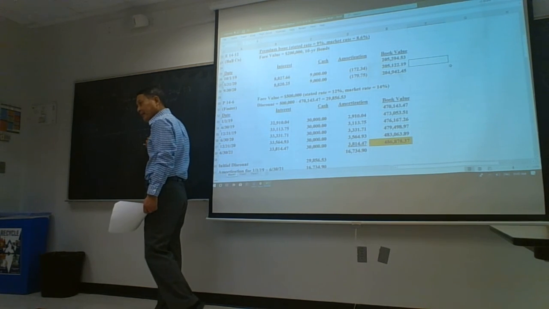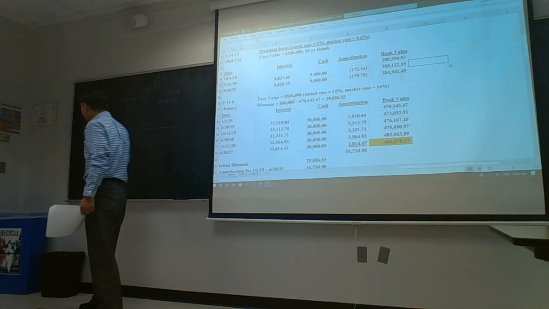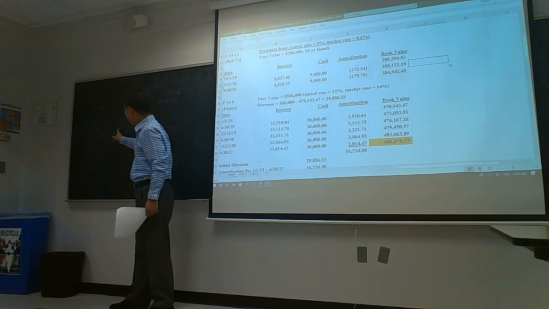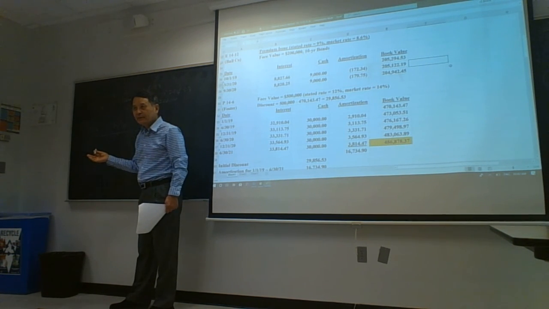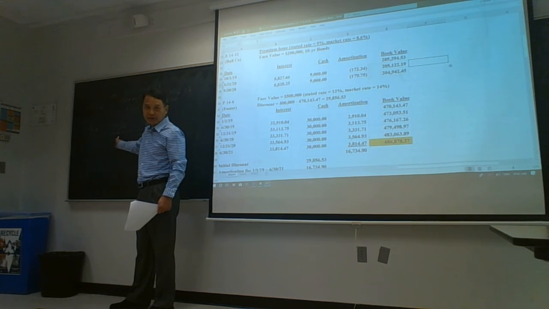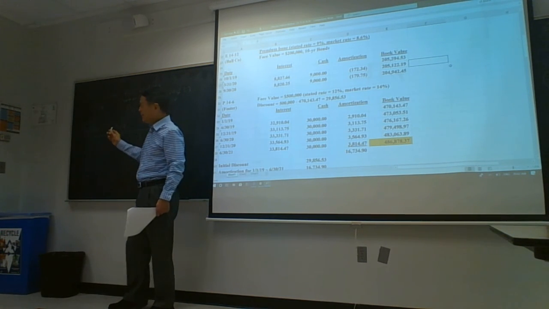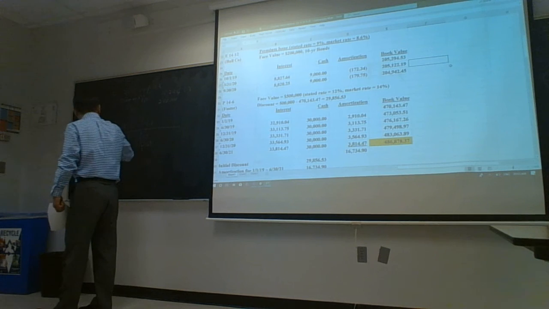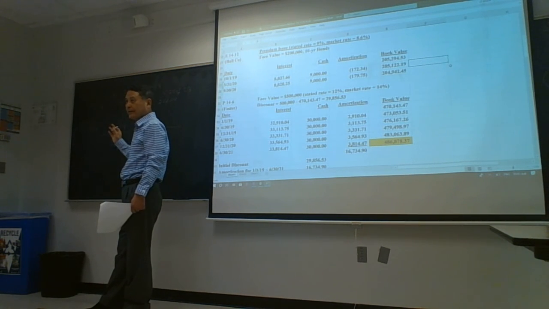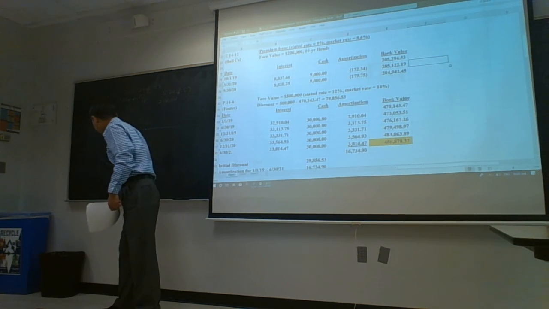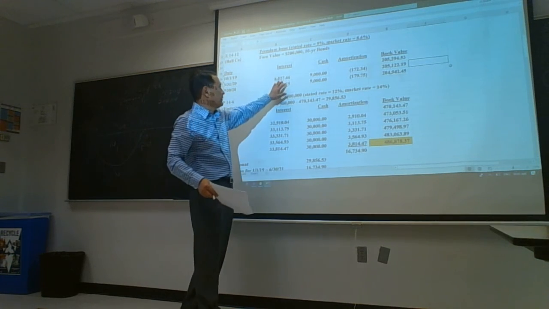But before this payment date, we have to do something on December 31st, 2019. December 31st is not the payment date, but this is always an important date for accountants like you and me. Why? Adjusting entry for accrued interest. An adjusting entry should be made on December 31st, 2019. From here to here, how many months? 6 months, because interest is paid every 6 months.